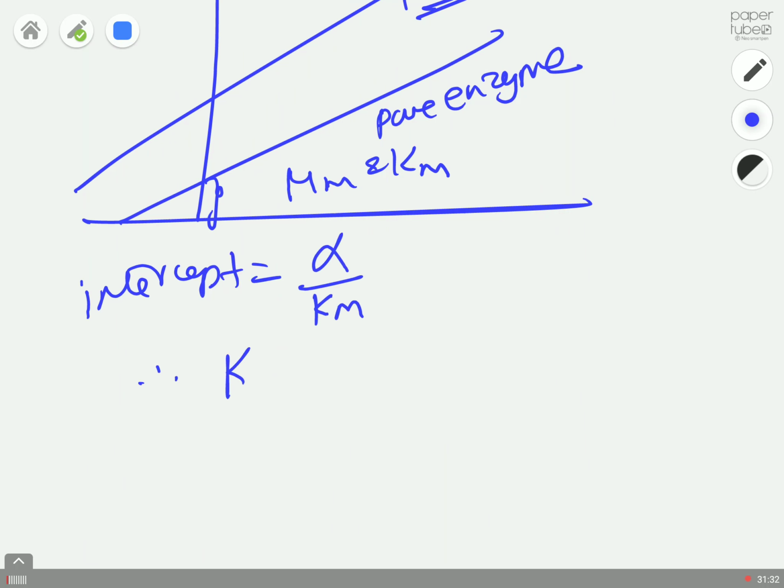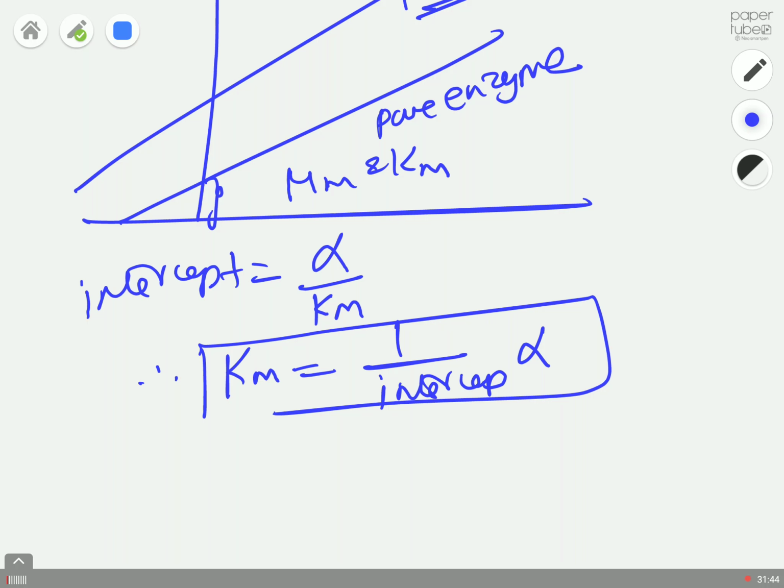Therefore Km will be equal to 1 divided by intercept times alpha. So you have to calculate this Km value and report the number multiplied by alpha that will be equal to Km, and then from the slope value, let me check the linearized expression again one more time.